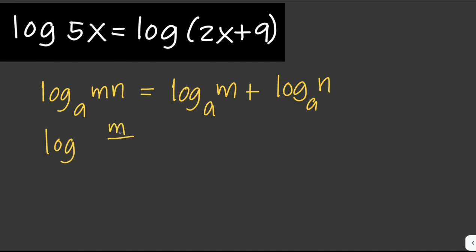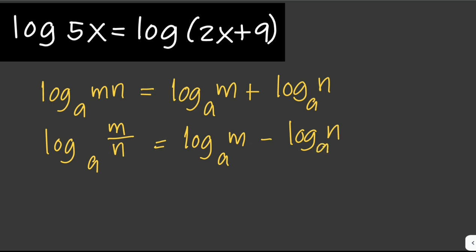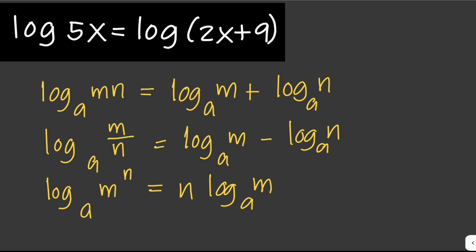The logarithm of m over n to the base a is equal to the logarithm of m to the base a minus the logarithm of n to the base a. And then we have the power property. The logarithm of m to the power of n to the base a is equivalent to n times the logarithm of m to the base a.